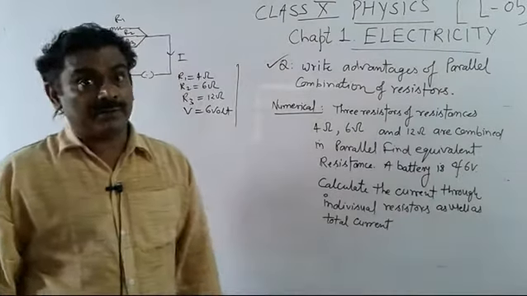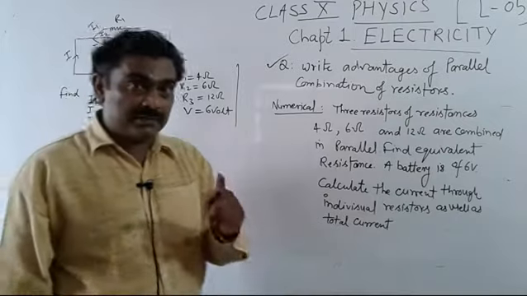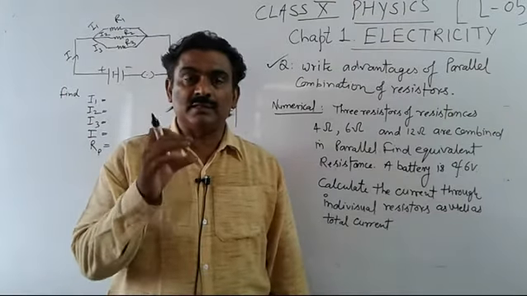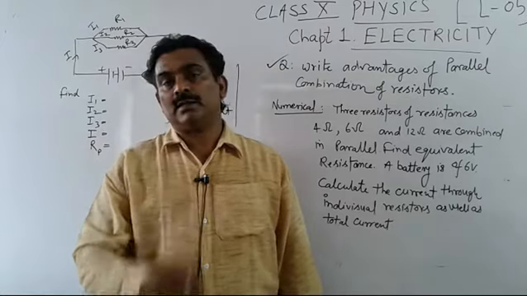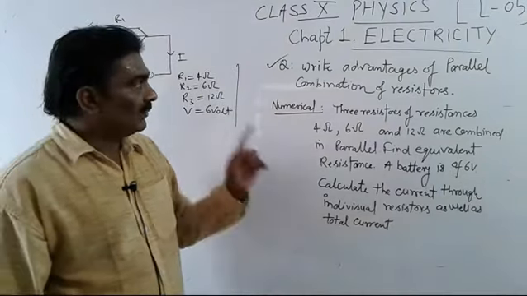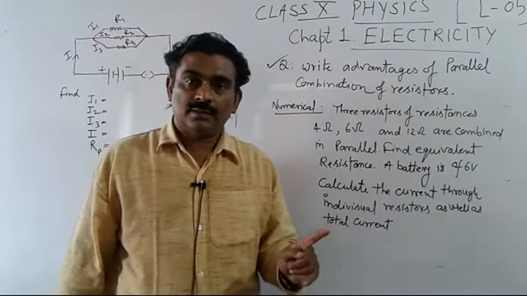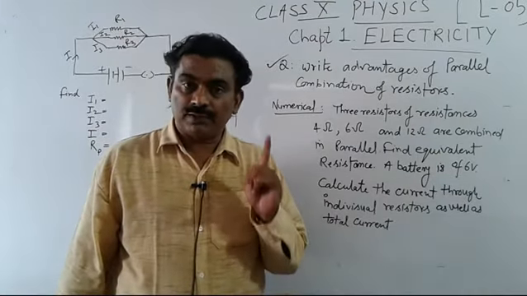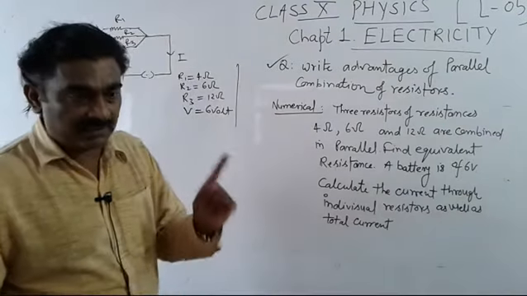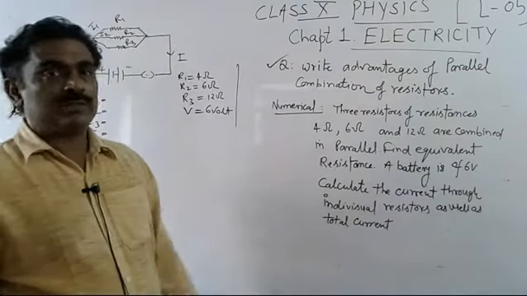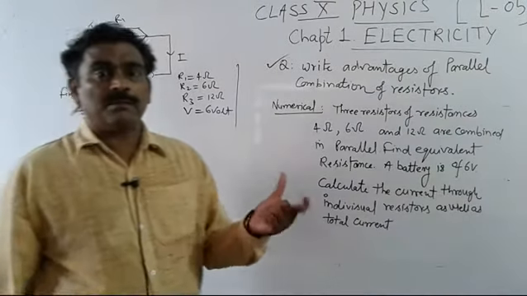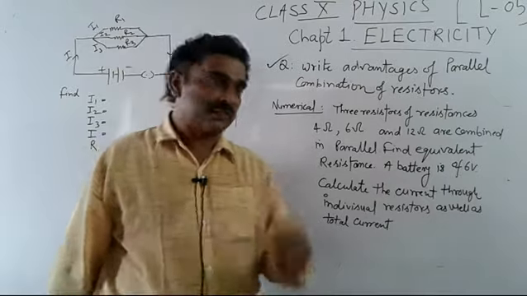Similarly, second question for you: write advantages and disadvantages of series combination of resistances or resistors. So remember students, you have to write advantages and disadvantages for both, series combination as well as parallel combination of resistances.